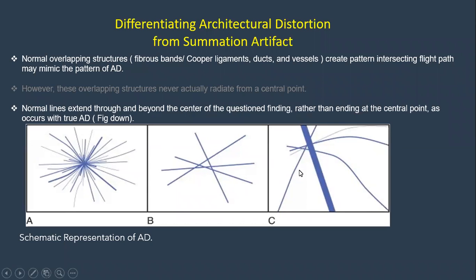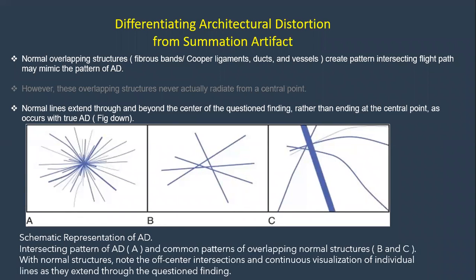You see, by passing and crossing, these are normal structures that just overlap. So A is architectural distortion, and the common pattern of overlapping normal structures is in B and C, with intersecting and continuous visualization of individual lines extending through the questionable finding. Okay, so this is the difference.